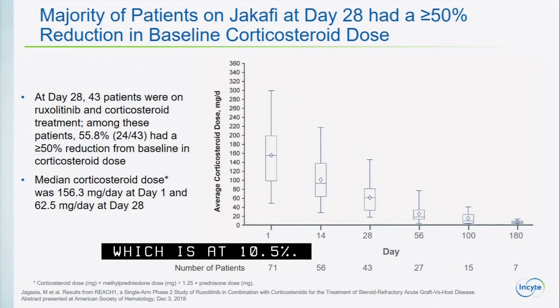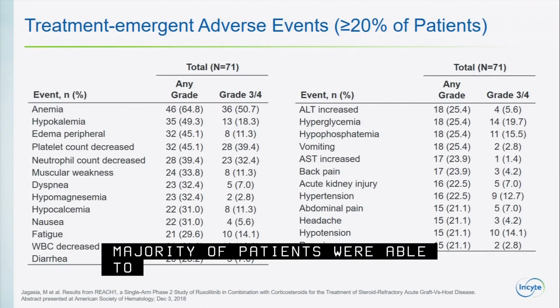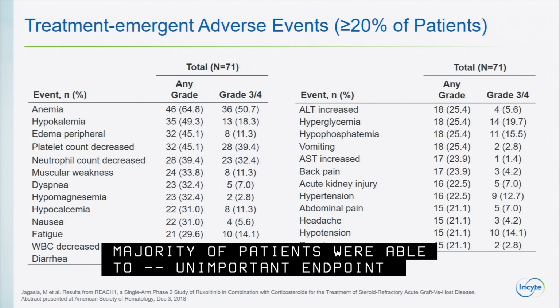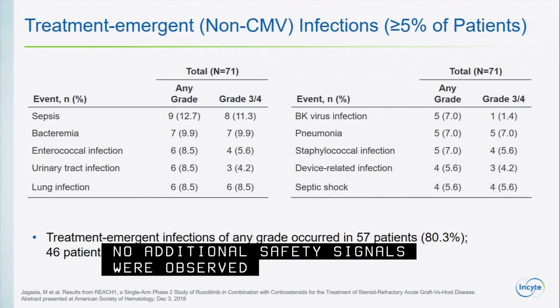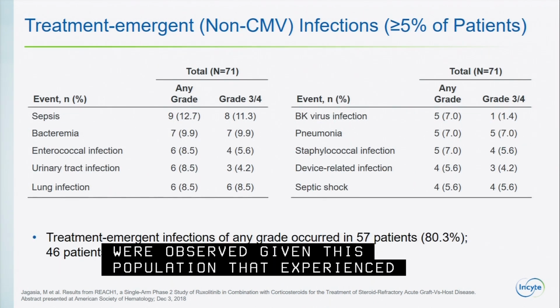So the majority of patients were able to also reduce their steroid dose. It's also an important endpoint to manage. Looking at safety, this is the on-treatment adverse events among 20% or greater patients, and no additional safety signals were observed given this population that experienced these irrespective of treatment. Infections are also important to note.